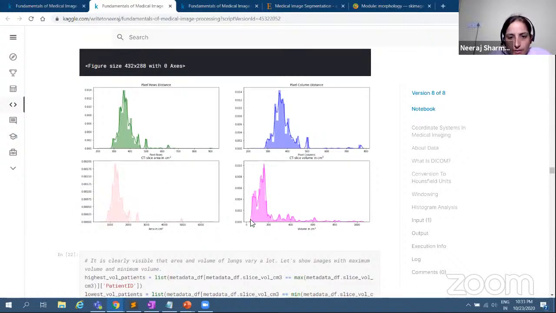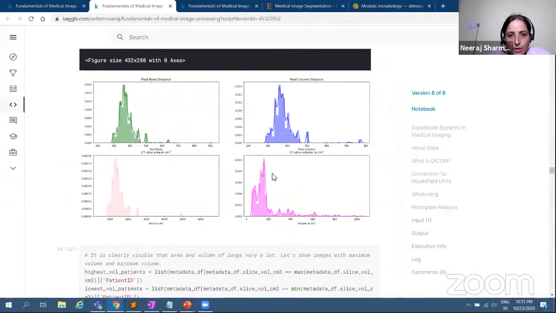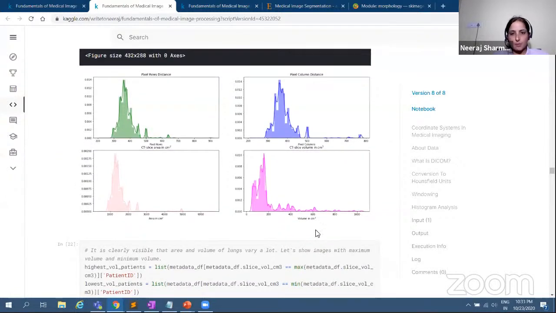So we will quickly look at the volume, because as per one of the documents, volume is a very good feature to capture and it is related to the FVC values also. If we see the volume of the scans, it varies a lot.